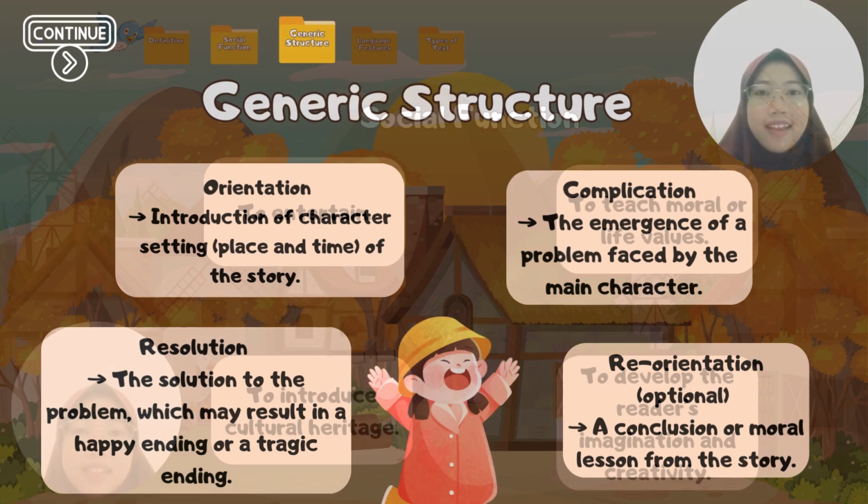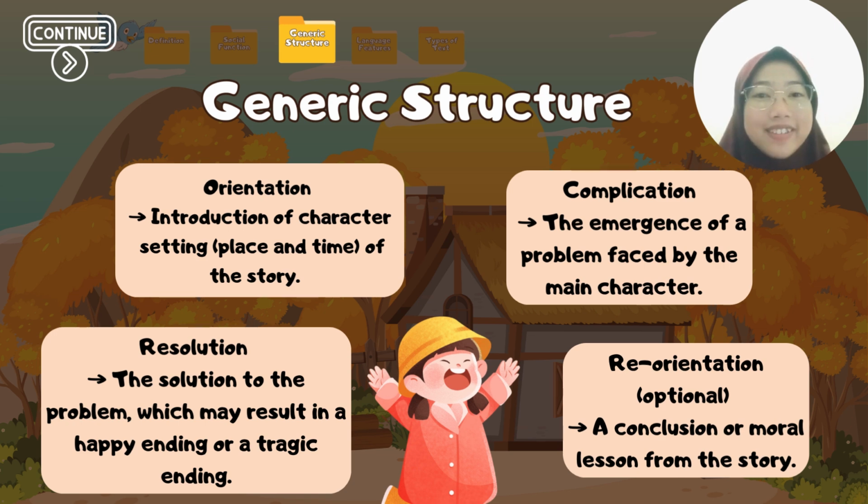And then now we are going to talk about the generic structure of narrative text. The first generic structure of narrative text is the orientation, and then the second is the complication, the third is the resolution, and the fourth, which is optional, is the reorientation.